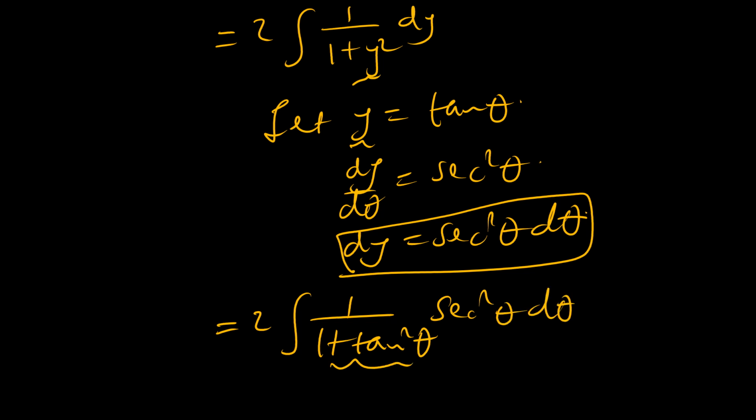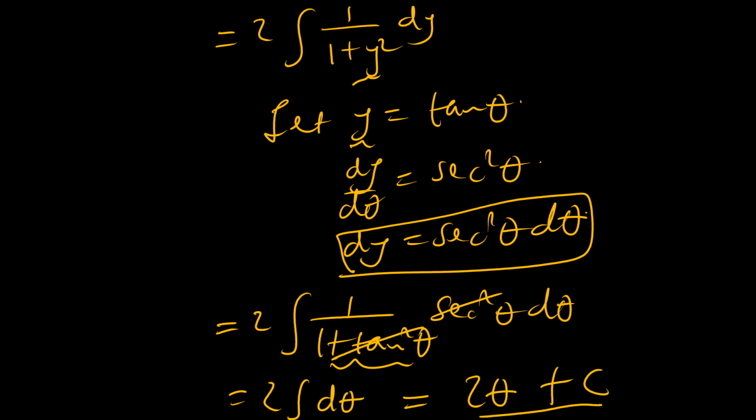And since 1 plus tan squared theta is sec squared theta, this and that would cancel. So now we have twice the integral of 1, which is twice theta plus the integration constant.